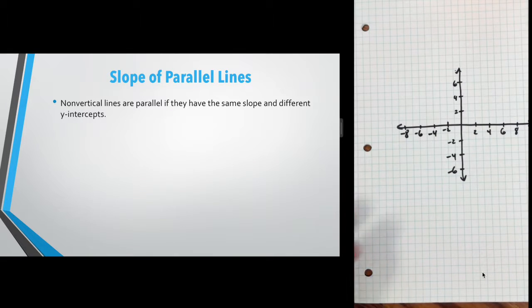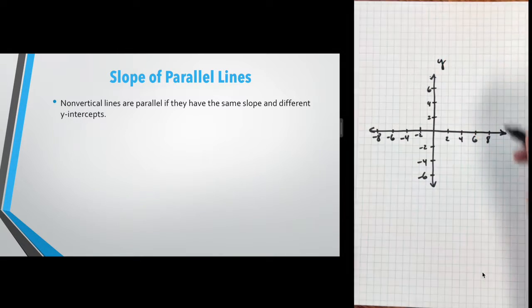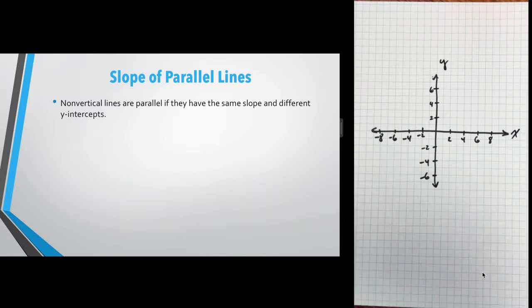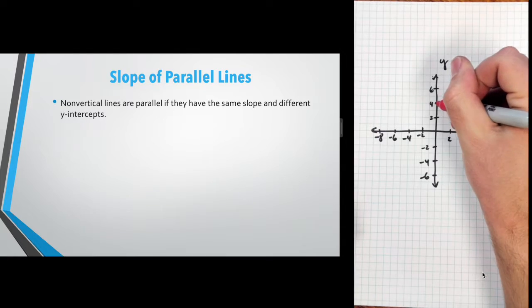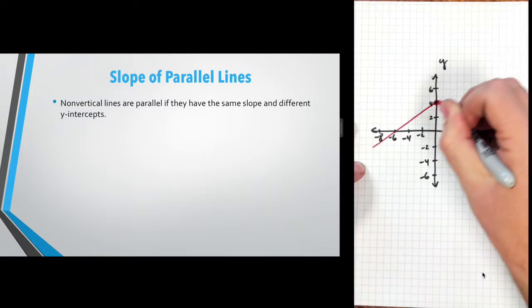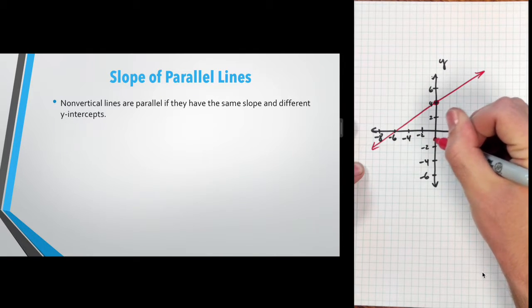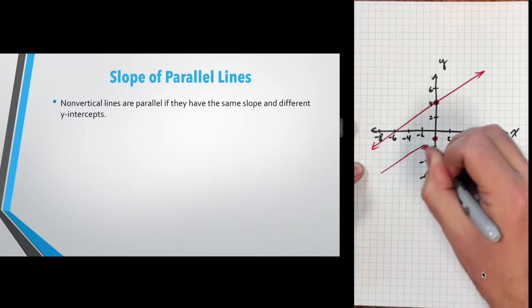So let's say you have your coordinate plane, just like that. Here's your y and your x-axis. So, two parallel lines. Let's say that one intersects at positive 4, and another one intersects at negative 1.